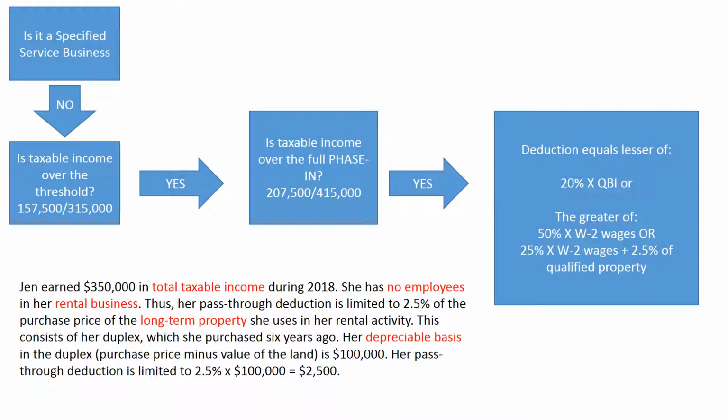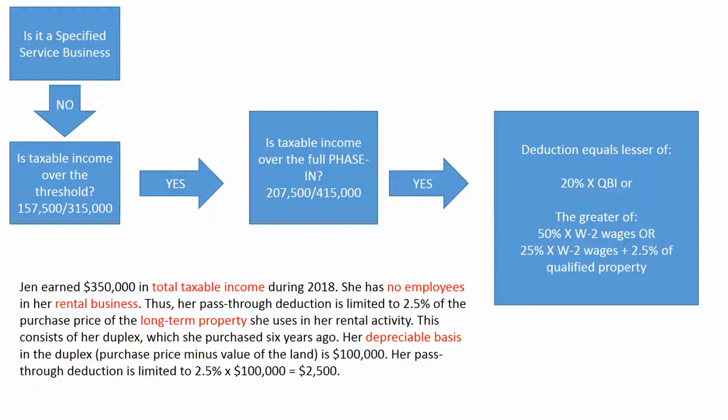In this example, we have a rental business. A rental business is considered a non-service business. Let's assume Jen earned $350,000 in total taxable income during 2018. She has no employees in her rental business. Thus, her pass-through deduction is limited to 2.5% of the purchase price of the long-term property she uses in her rental activity. This consists of her duplex, which she purchased 6 years ago.